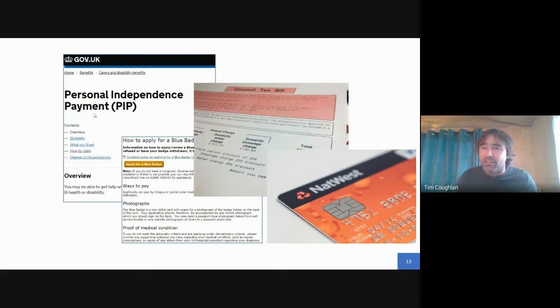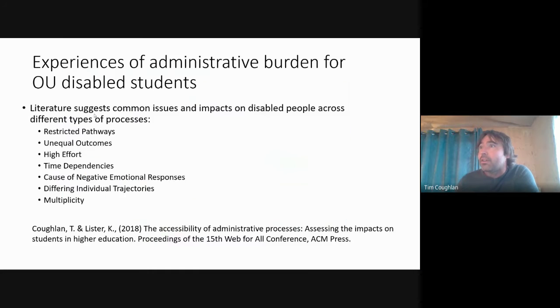And then you've got everything else in your life, council tax, bank accounts, everything else. So the point is, this kind of administrative burden is probably something a lot of people face, but it's increased for disabled people, and particularly disabled students. So that's the kind of context we're working in.